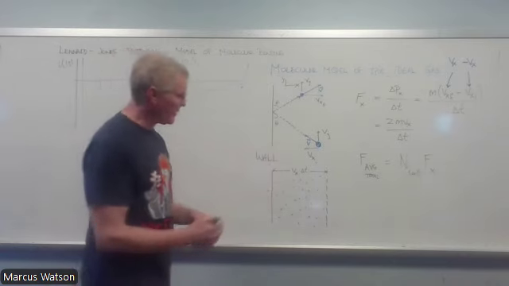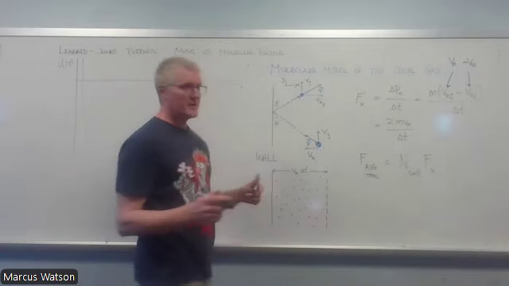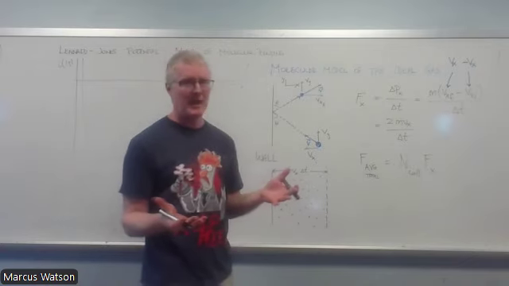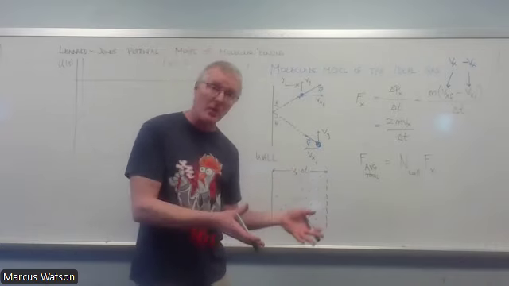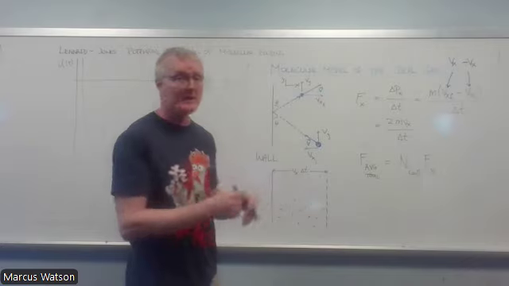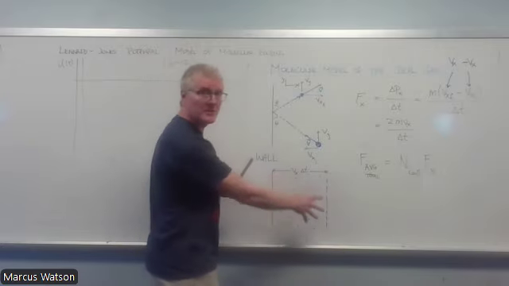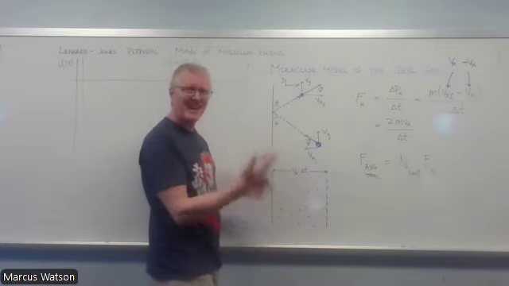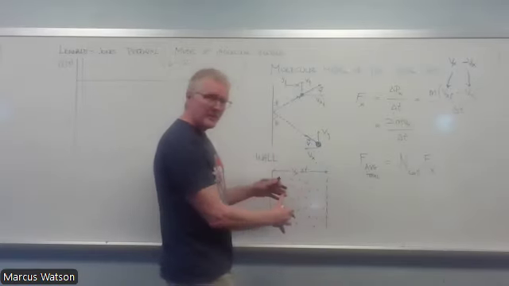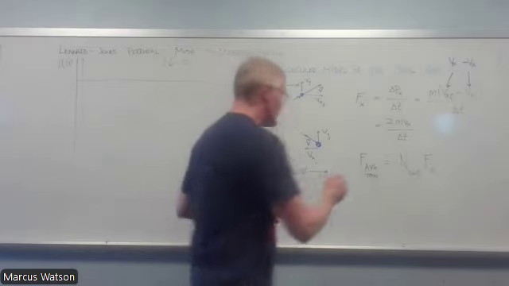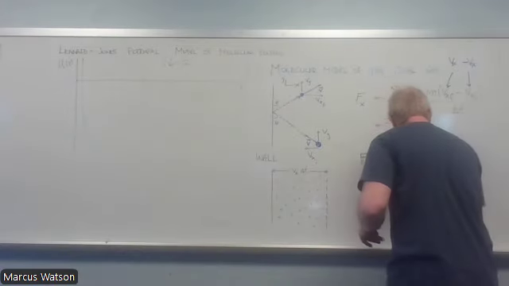Now, does every particle have a velocity in the x direction of Vx? No, they don't. But that's okay because some of them are closer and some of them are further away. On the average, maybe they have Vx. So these things are moving around.